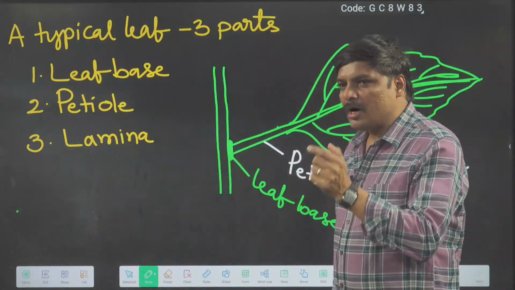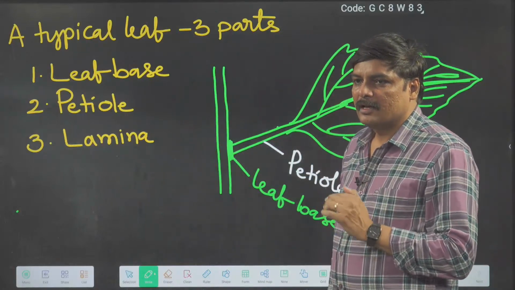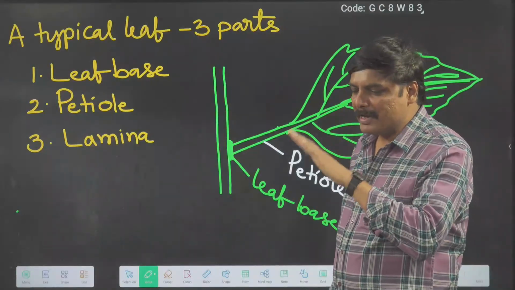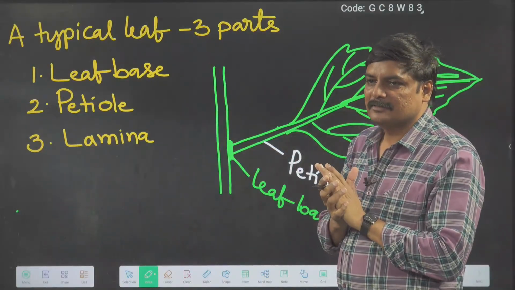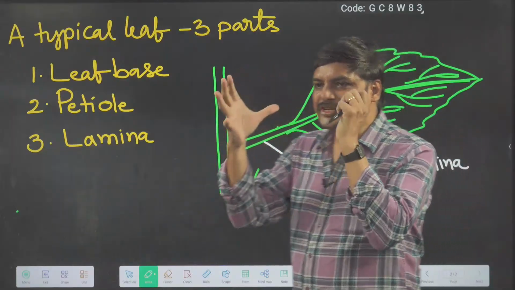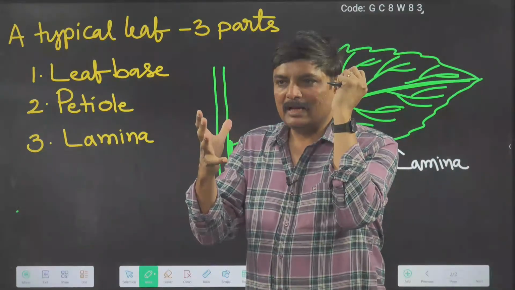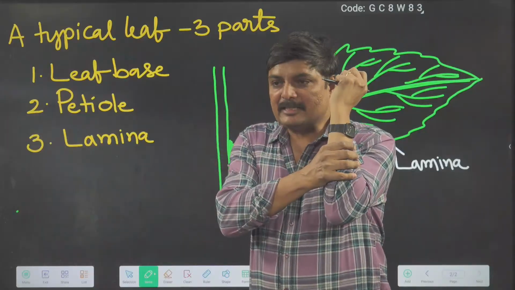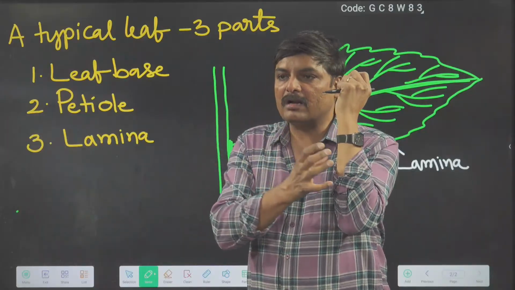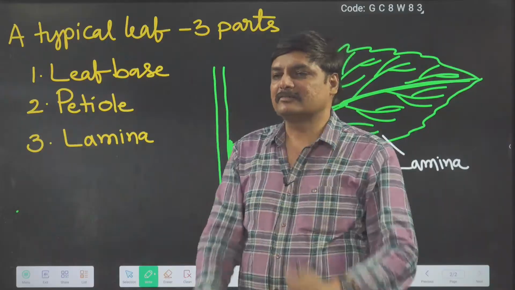In monocot plants, the leaf base becomes sheath-like, and that sheath-like leaf base helps in covering the stem either partially or completely.